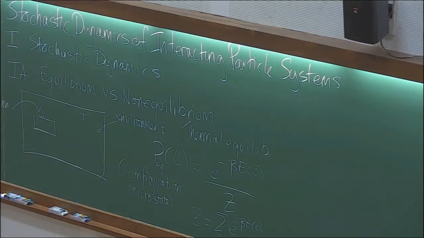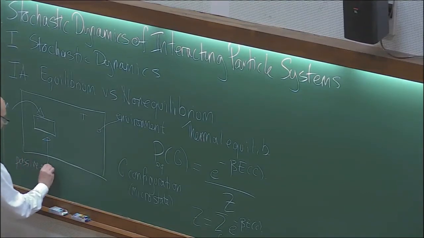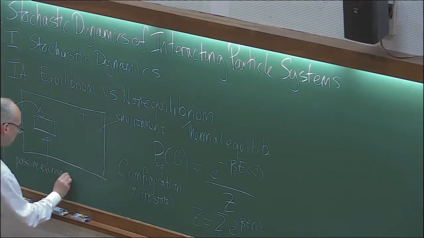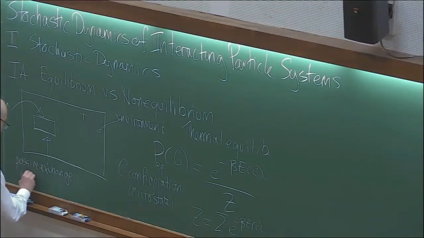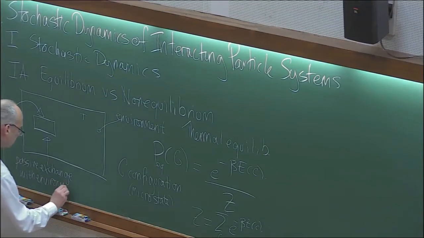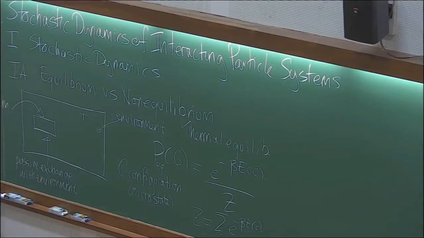So let me just generalize slightly. We can also have equilibrium with respect to, sorry, I should have said here, the system has a passive exchange of energy with the environment. Also, we can have an exchange of particles if we want to generalize to the Gibbs-Boltzmann distribution. You will have seen this as well.